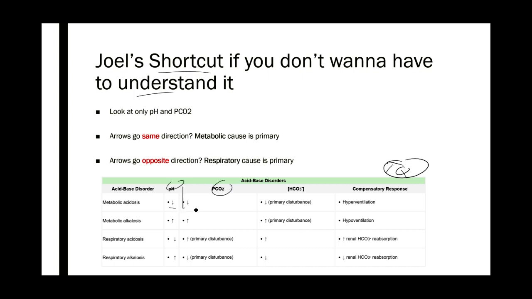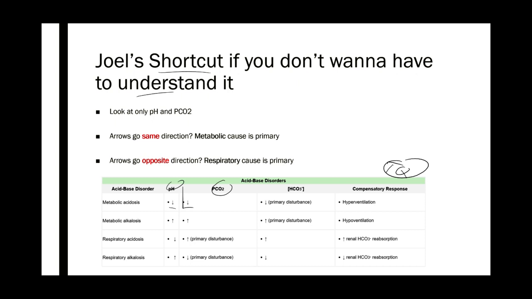If both the arrows are going down, it's a metabolic acidosis. Now this shortcut doesn't work all the time, okay? Just be aware of that. But it works most of the time. When you have the arrows going the same direction, the primary cause is going to be metabolic.